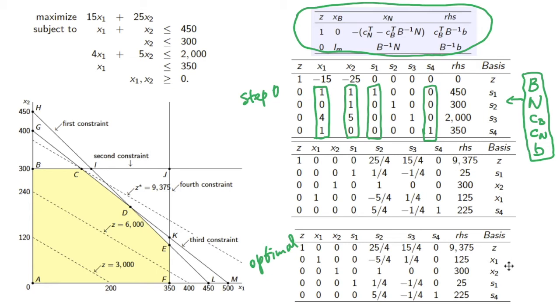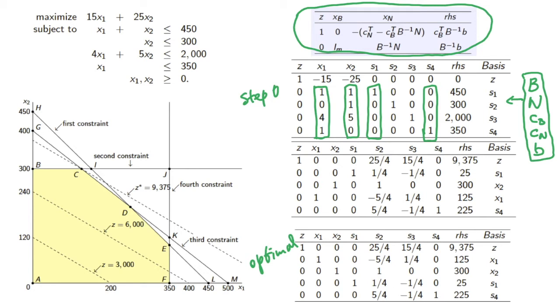So now you see that the order of the basic variables is exactly the same as it is in the columns, and because of that, if I extract now the columns corresponding to the basic variables, they will form the identity matrix.